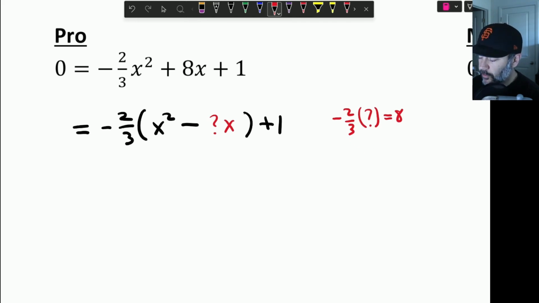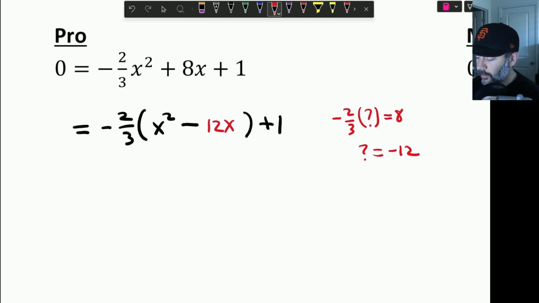So if I just solve for this, I would get that the question mark is 3 times 8 is 24. 24 divided by 2 is 12, and it's negative. So this would be negative 12. And you can check that 2/3 times 12 equals 8, because 2 times 12 is 24. 24 divided by 3 is 8, and the minus times the minus gives you the plus.